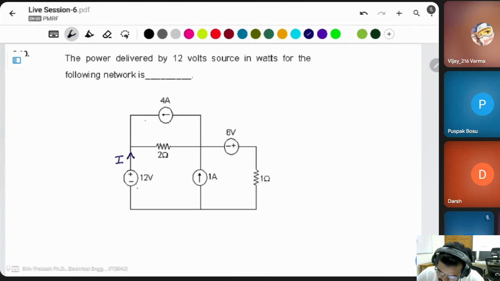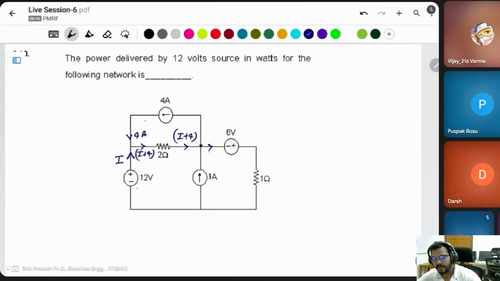Sorry, here is some mistake. Incoming current is positive 1, then outgoing current is negative. Both are negative, not positive. If negative, then this will be positive. This will be minus 3V is equal to minus 12, so V is equal to 4 volt.